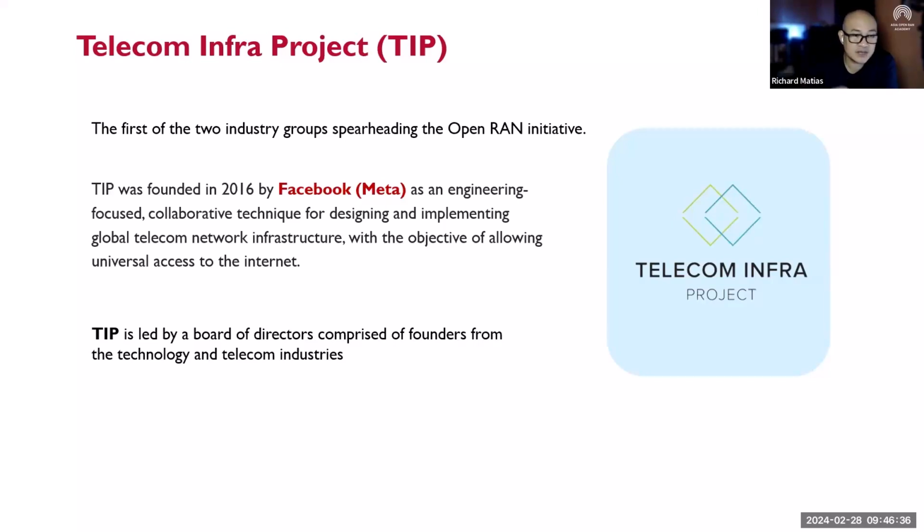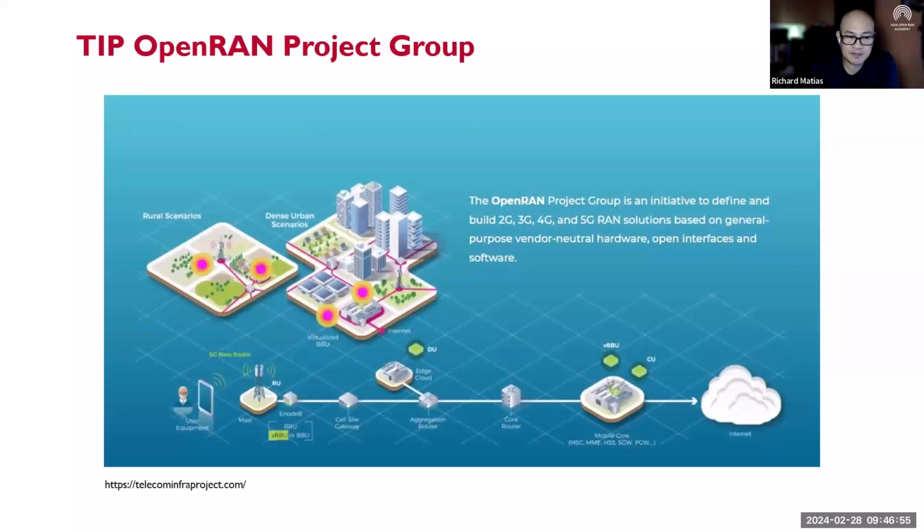This is an engineering-focused and collaborative group that is assigned for designing and implementing global telecom network infrastructure. This is the first industry group that initiated Open RAN. If you want to learn more about TIP, you can visit their web page at telecominfraproject.com.